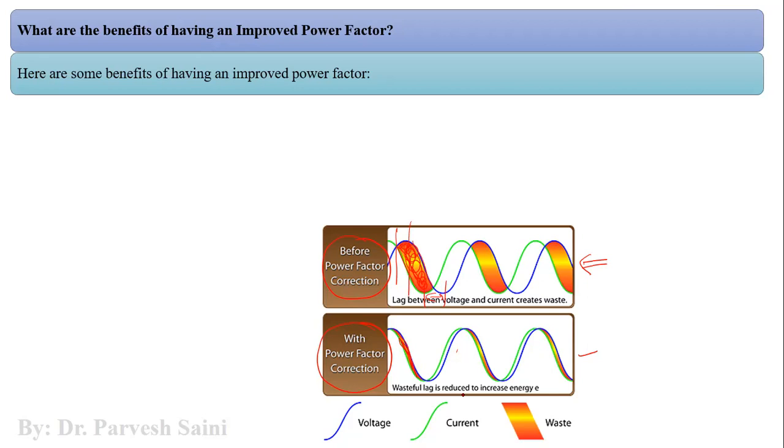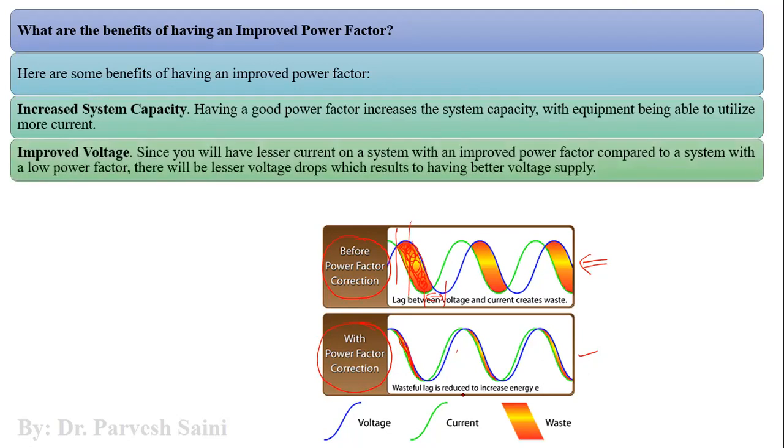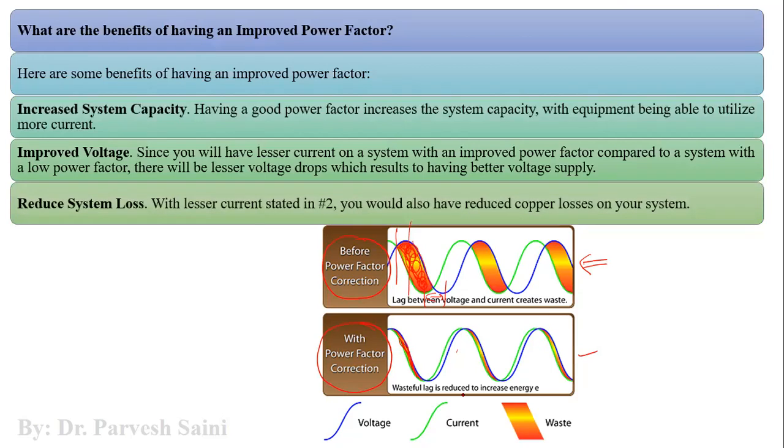So all those disadvantages which we discussed previously in the last to last slide will be eliminated or reduced to a significant extent, right? So the capacity of the system will increase, voltage regulation will be better, right? And losses will be less, right? And efficiency will be high.